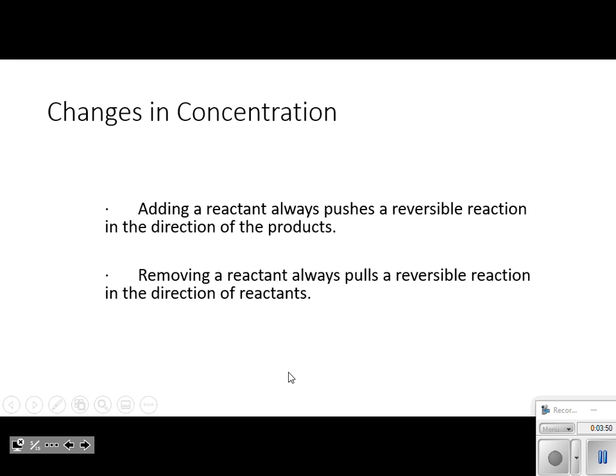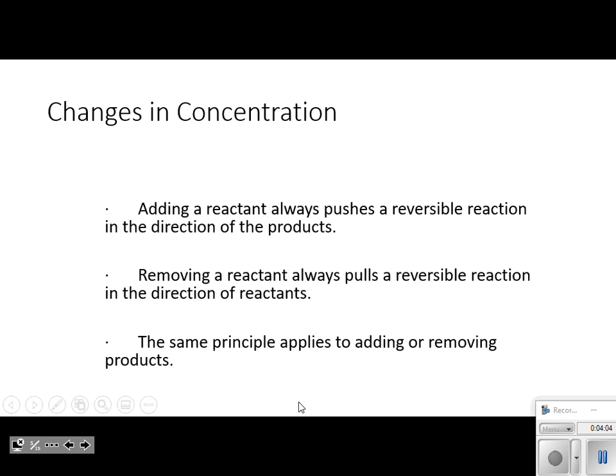So what's going to be favored there? The reverse reaction. We're going to make more reactants. So the reverse reaction will be favored. The same principle applies if we add or if we remove products.